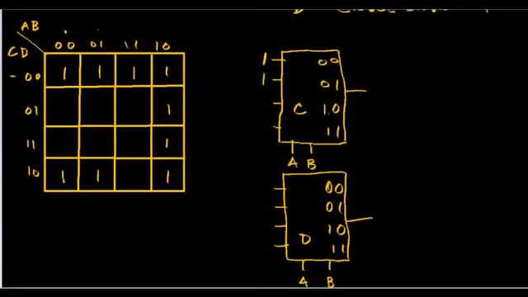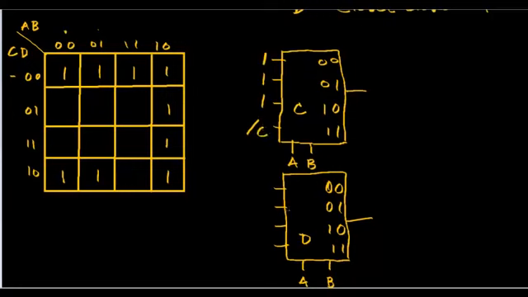Then we'll look at 1, 0. Here, oops, that's right here, right? Again, C could be 0 or it could be 1. So we'll put a 1 here as well. And then for 1, 1, we can only have not C. So we'll put in not C here.